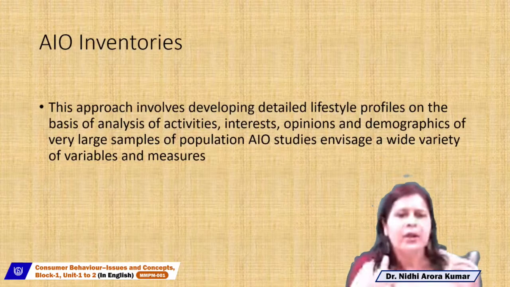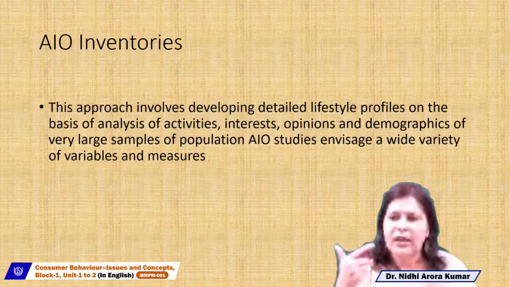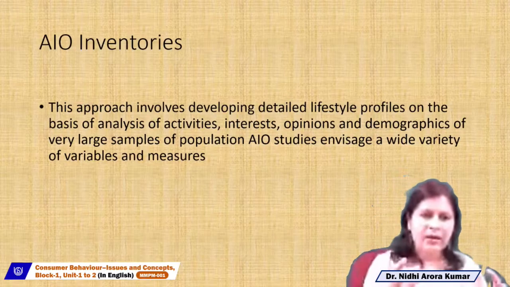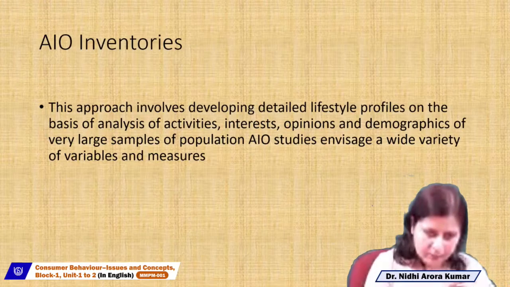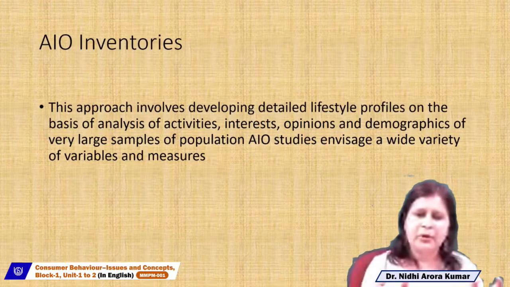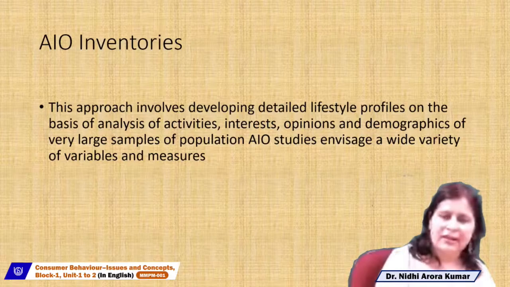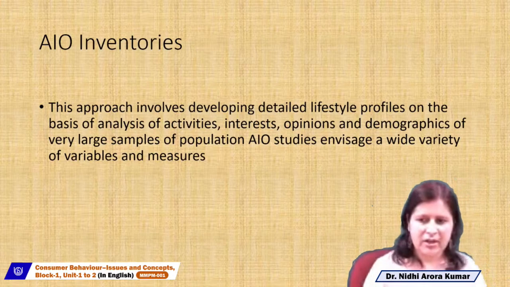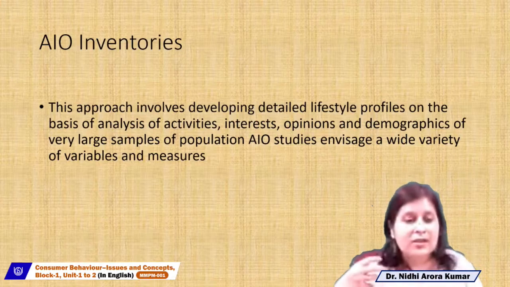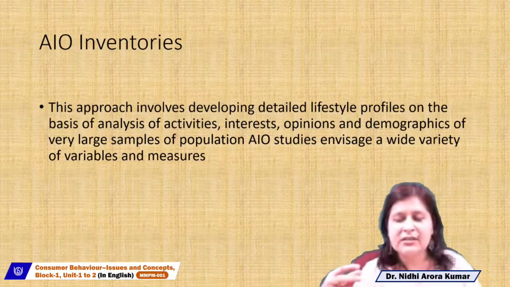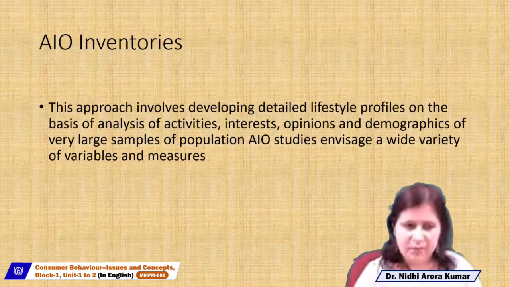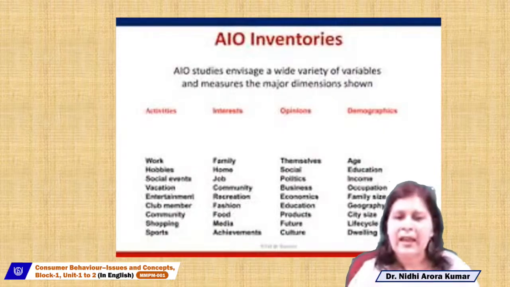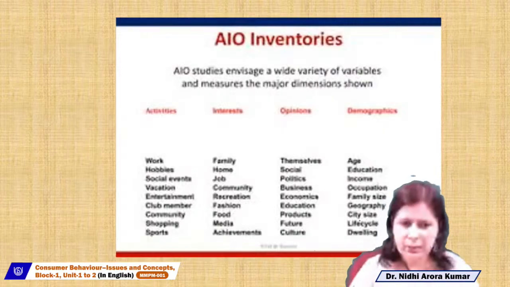It is an acronym of what? Activities, interest, and opinion and demographics. When you conduct research on a very large sample of population to understand their activities, interest, opinion, and demographics, right? The study includes a wide variety of variables and measures, like activities, interest, opinion, and demographics.